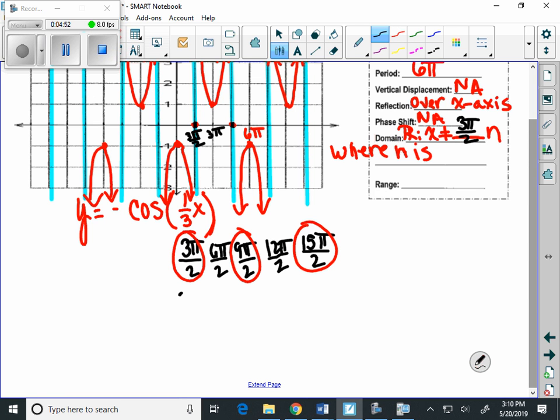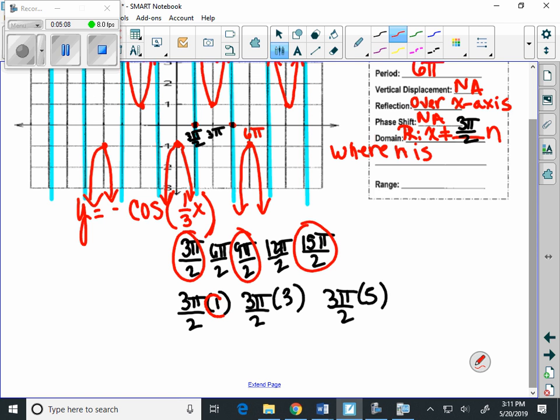So this is 3 pi over 2 times 1. And this is 3 pi over 2 times 3. And this is 3 pi over 2 times 5, the numbers that I'm specifically looking at here to determine the rest of my domain is that x doesn't equal 3 pi over 2 n, where n is an odd integer.